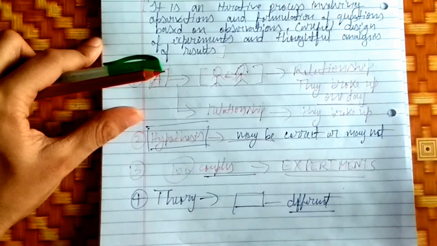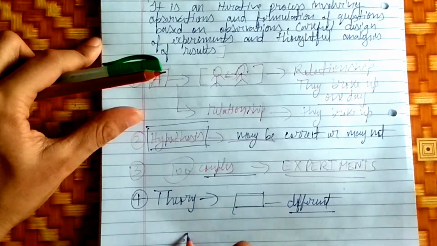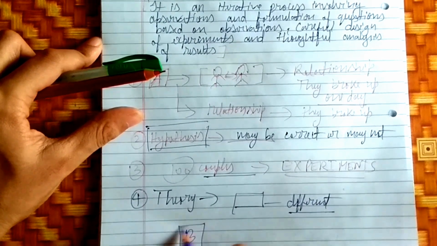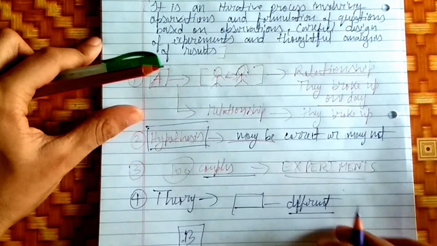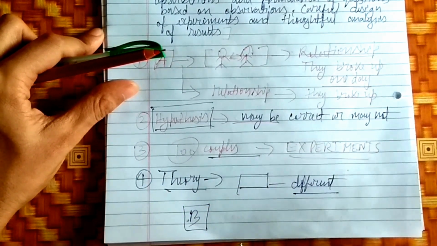But again a person B comes into the picture. Person A already got the Nobel Prize because of this theory, which was globally accepted.